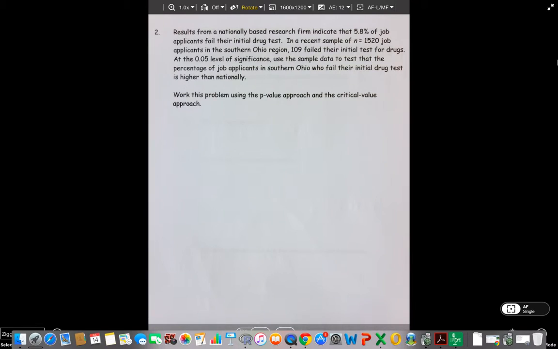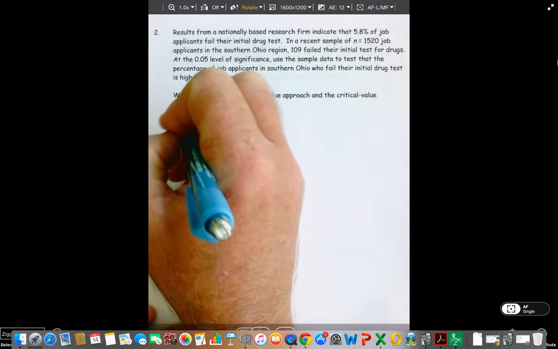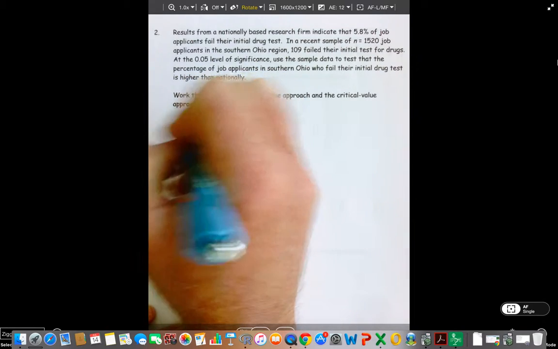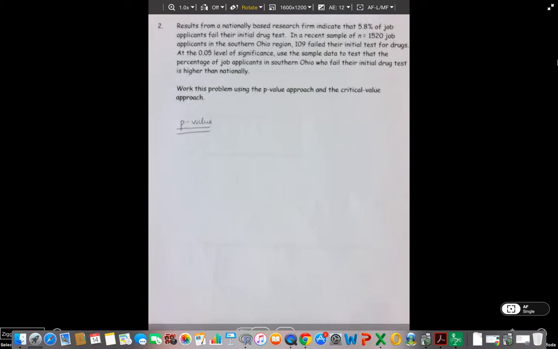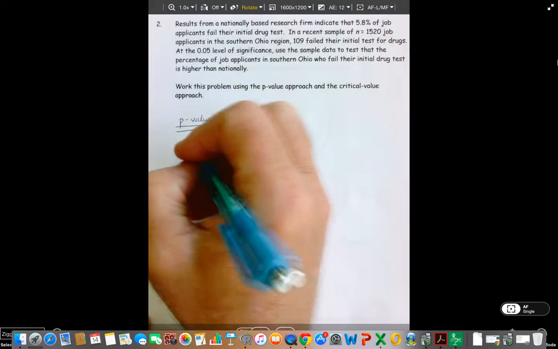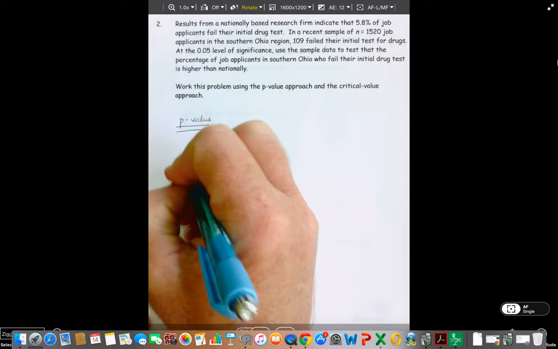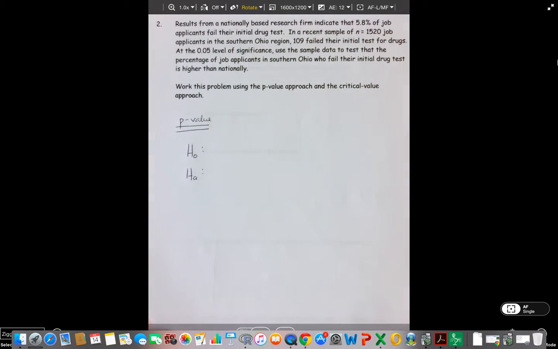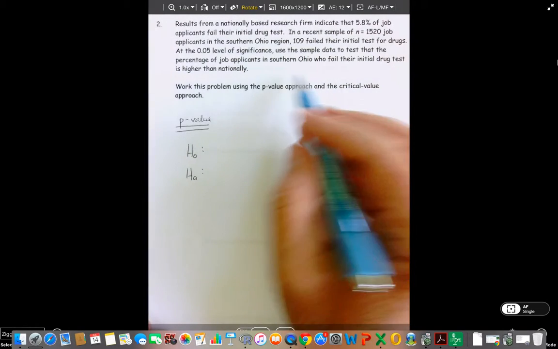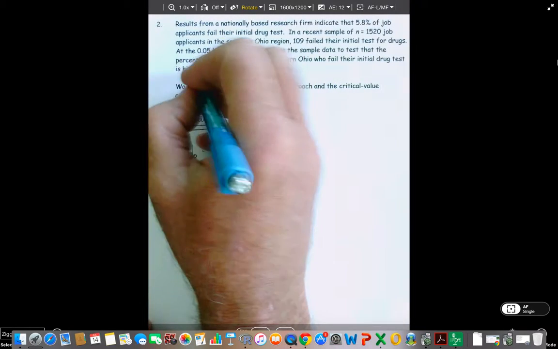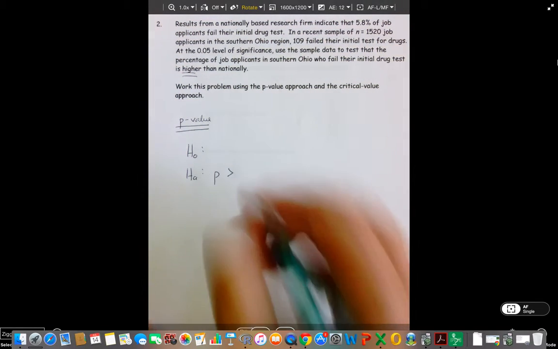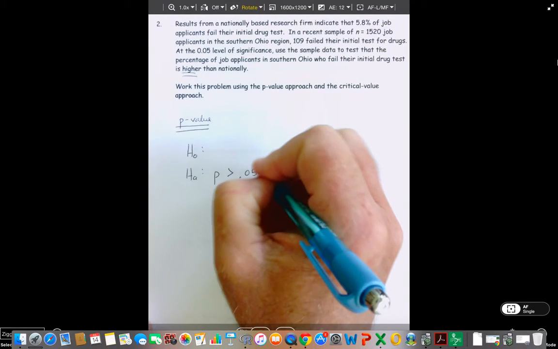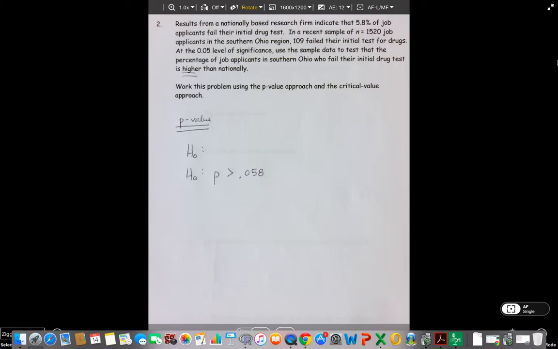Use the approach for the p-value. Okay, I want to do the p-value approach first because, guys, the p-value approach is the easiest, because you've got a calculator key that does that for you. But nevertheless, we need to set this up. Just as before, go to your alternative hypothesis first. We want to see if p, because it's a percentage, is higher than the 0.058 that's been reported nationally.